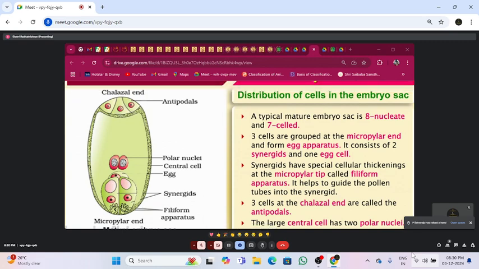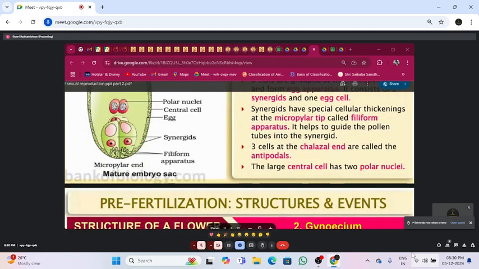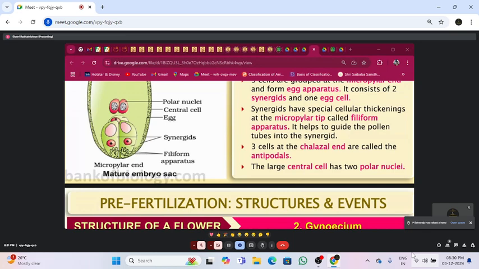So 3 cells are grouped at the micropylar end and form the egg apparatus. It consists of 2 synergids and 1 egg cell. The synergids have special cellular thickenings at the micropylar tip, called the filiform apparatus. Then the 3 cells at the chalazal end are called the antipodals.